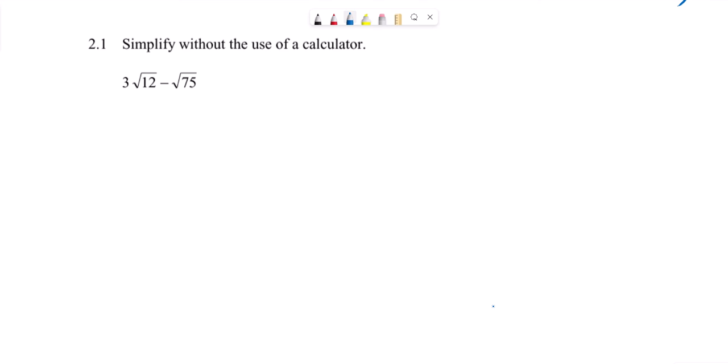What are the factors of 12? 12 is 1, 2, 3, 4, 6, 12 itself. Now pick which one is a perfect square. 4, right?